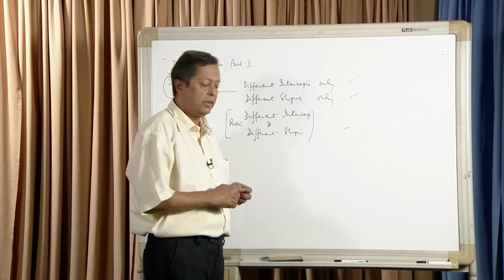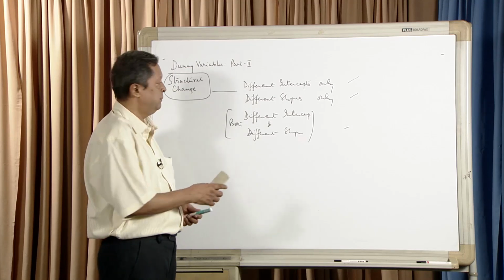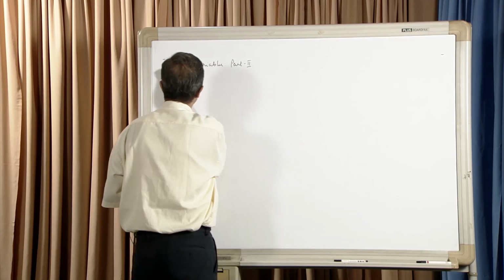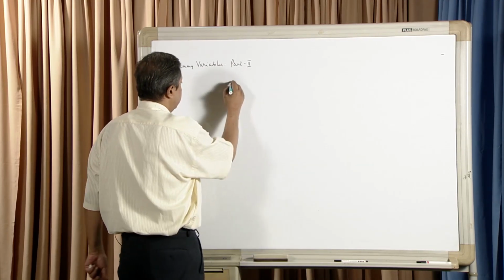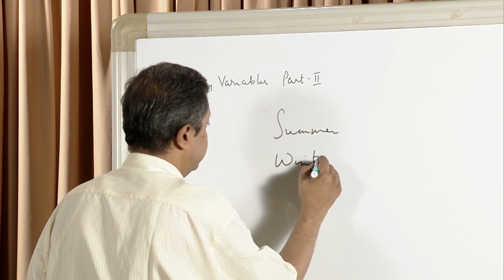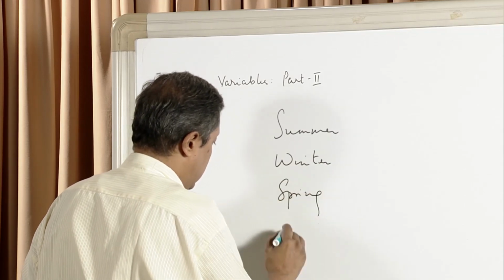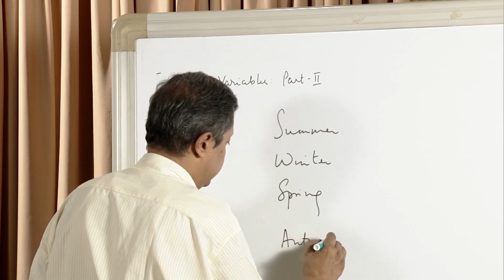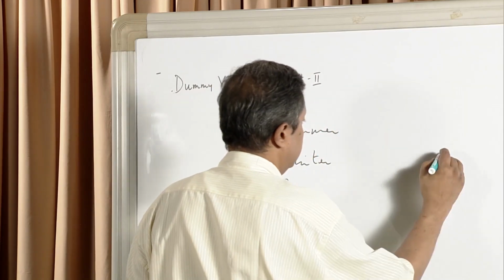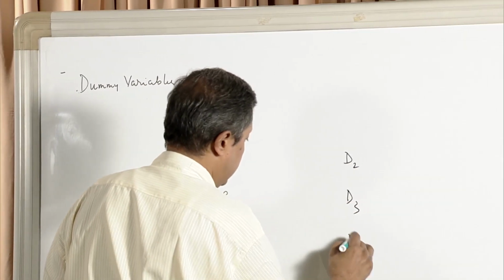The last thing that we will discuss in this module is how to capture seasonal effects. So, we have summer, winter, spring, autumn, and you can put dummy 2, dummy 3, dummy 4.